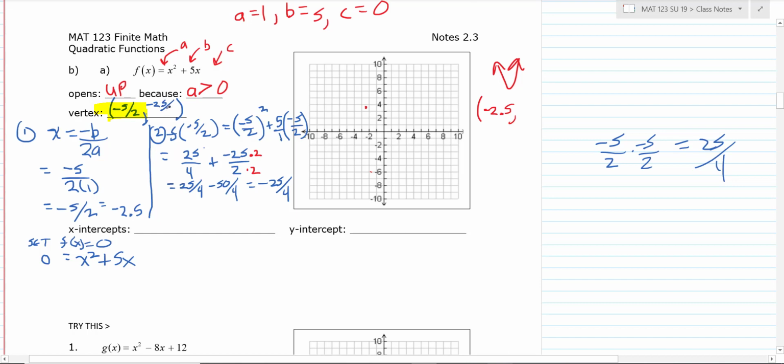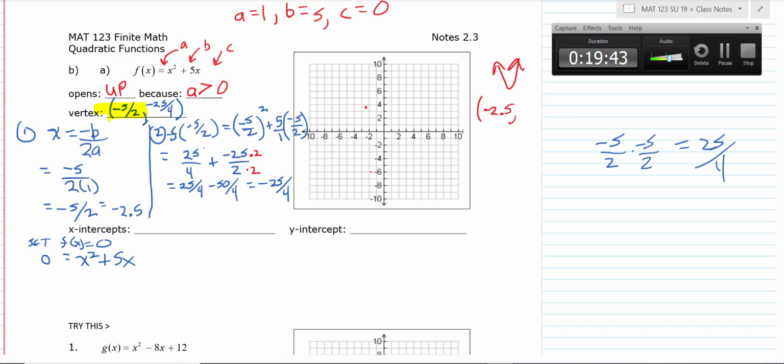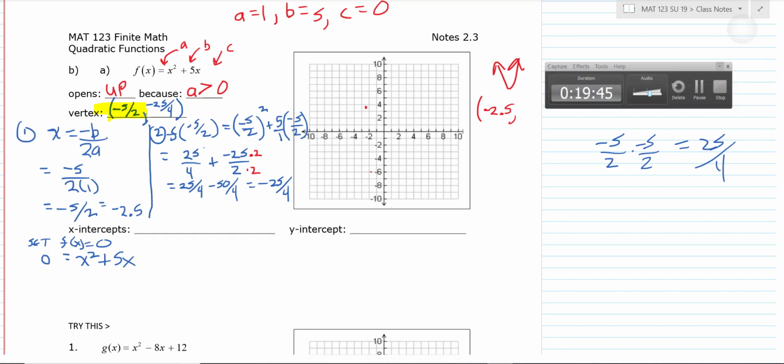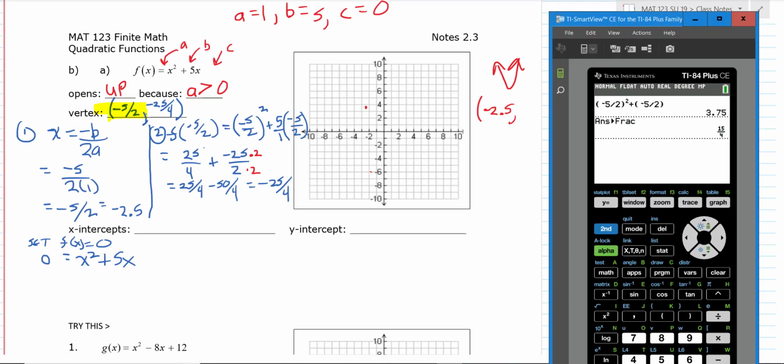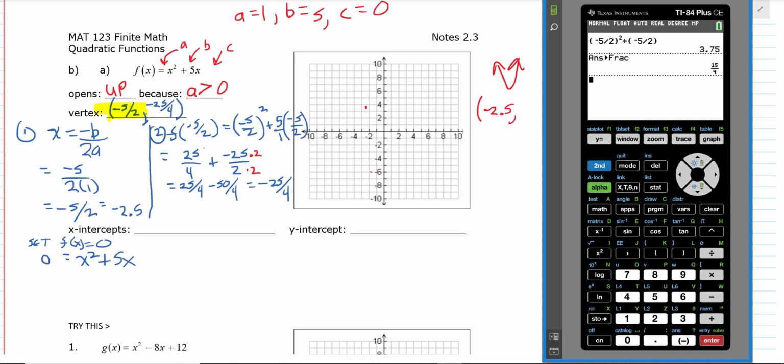Now, what I'd suggest you do on this, you want to use technology. You want to know how to do stuff by hand, but you also want to be able to check and verify what you do. You got technology, take advantage of it. So if you were to put it in, you'd go parentheses negative 5 over 2, and let's see, square it.